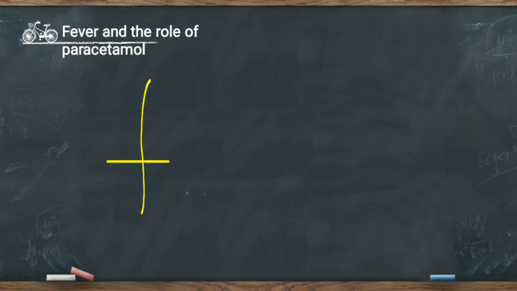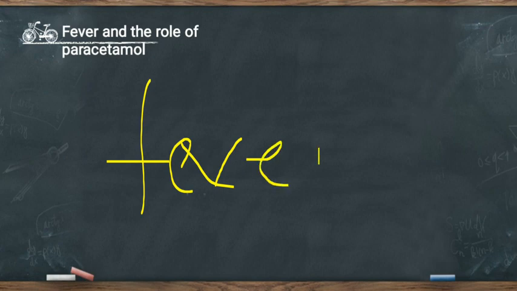Fever is what we are going to look at with this slide, and the role of paracetamol. Paracetamols are a group of drugs. We shall see an example, Panadol, and their importance and the disadvantage.